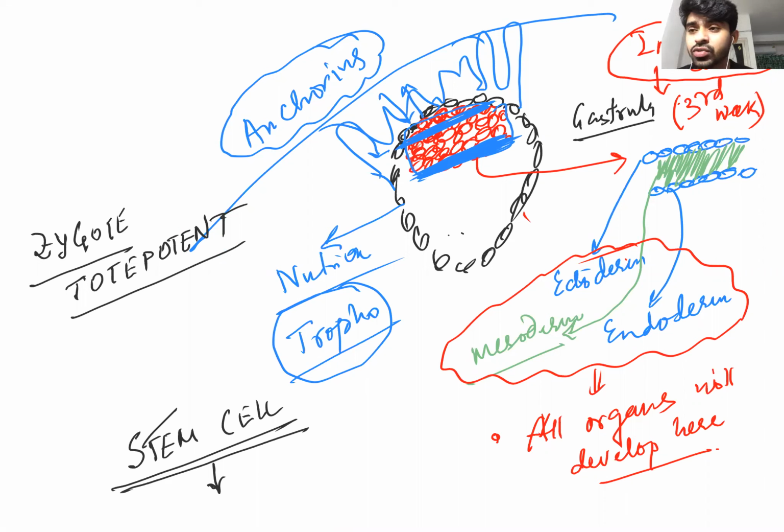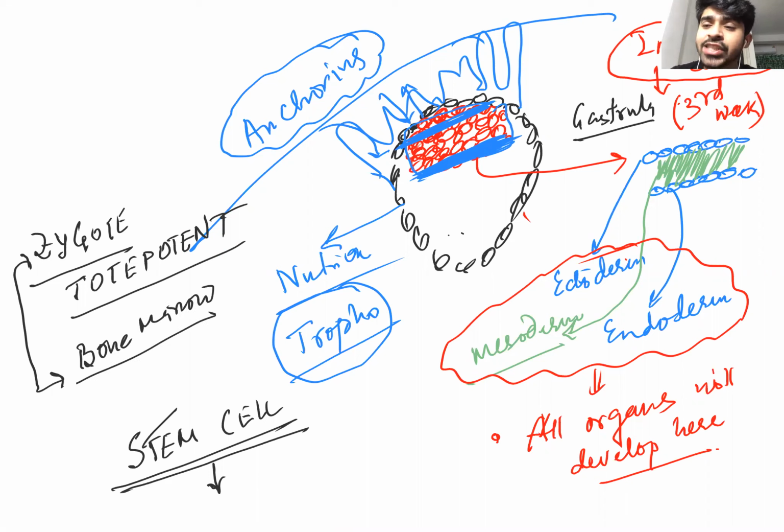But if you consider the inner cell mass, I mean the blastula stage, or if you consider the bone marrow, from the bone marrow we can only assure that platelets, WBCs and RBCs will be formed.